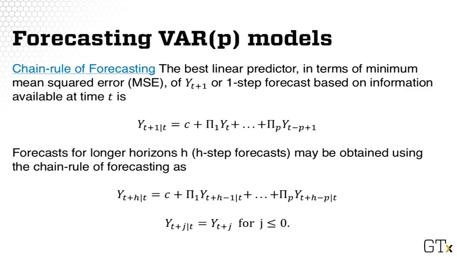The best linear predictor in terms of minimum mean square error, MSE, of Y T plus 1, or the one step ahead forecast based on past data at time t, is obtained from the linear equation of the model by plugging in the lagged values of the time series as provided on the slide.